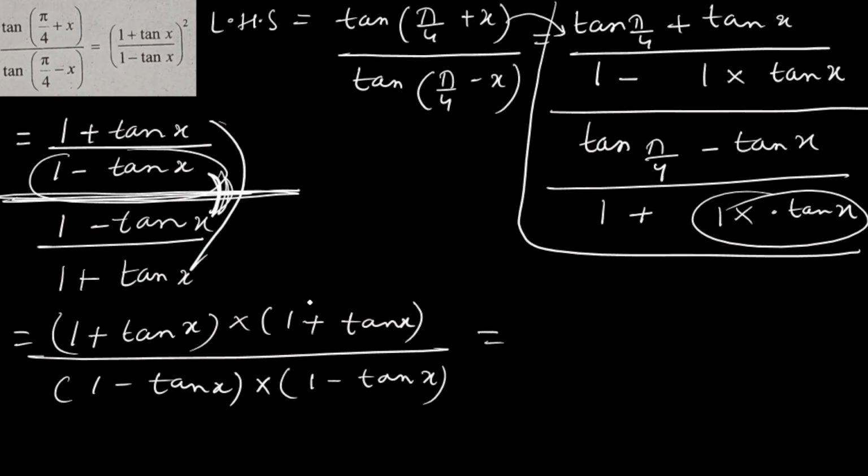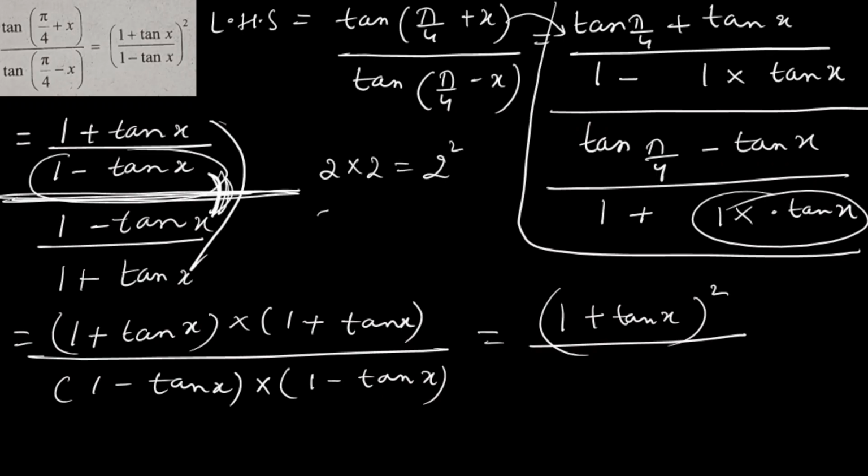So 1 plus tan x into 1 plus tan x is equal to 1 plus tan x whole square. The same number if we multiply, if I multiply 2 with 2, it's 2 square. If I multiply 3 with 3, it is 3 square. So same way 1 plus tan x multiplied with 1 plus tan x becomes 1 plus tan x whole square. Same way in the denominator I will get 1 minus tan x whole square.